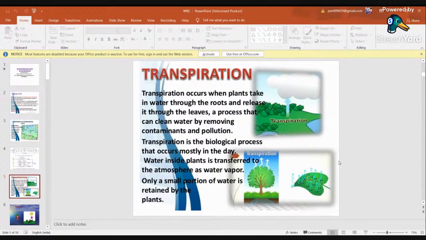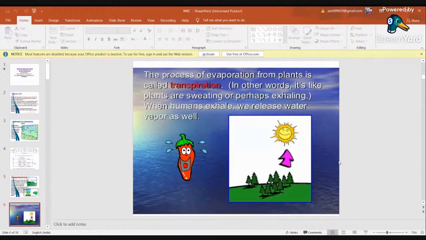Evaporation will occur from the solid surfaces or from the land surfaces, but transpiration will occur from the green surfaces or you can say from the biological surfaces. Transpiration occurs when a plant takes in water through the roots and releases it through the leaves, a process that can clean water by removing contaminants and pollutants. The process of evaporation from a plant is termed transpiration. Okay, it's like plants are sweating or exhaling. When humans exhale, we release water as well as vapors.